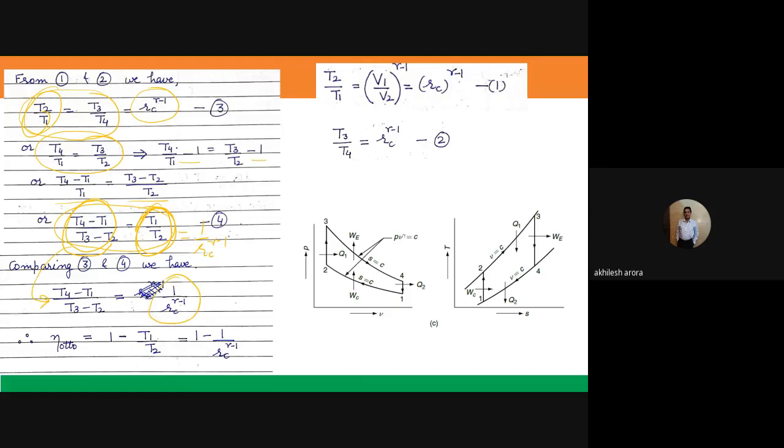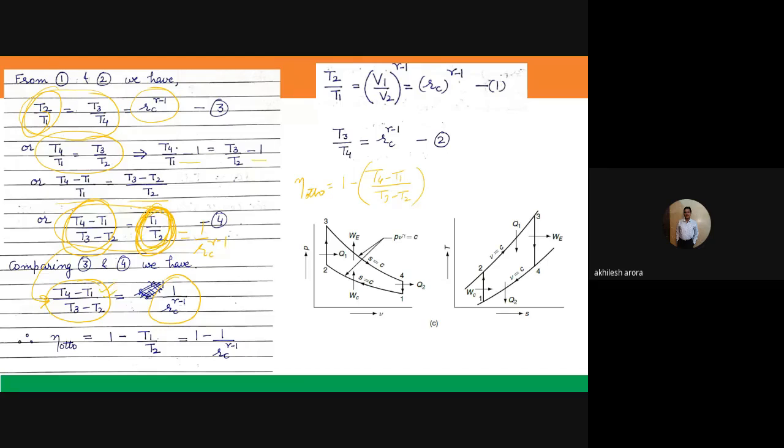Now, do you remember what was the equation for the efficiency of the Otto cycle? Efficiency of the Otto cycle was given by 1 minus T4 minus T1 divided by T3 minus T2. Now we have got this value of T4 minus T1 divided by T3 minus T2, which is also equal to T1 by T2.